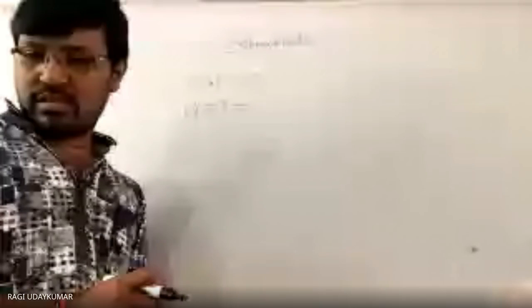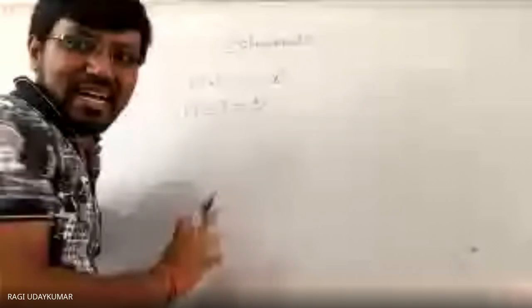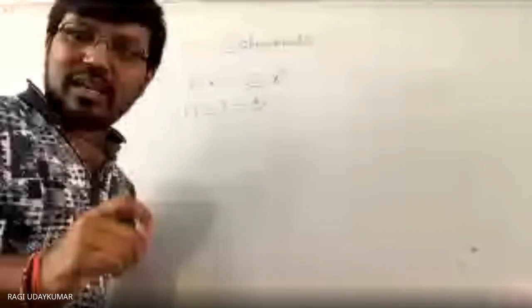Number 5 only, because 5 is nothing but 5 into x power 0. Very good. Because it is a non-zero constant polynomial, the degree of the non-zero constant polynomial is 0. The x power 0 is there.